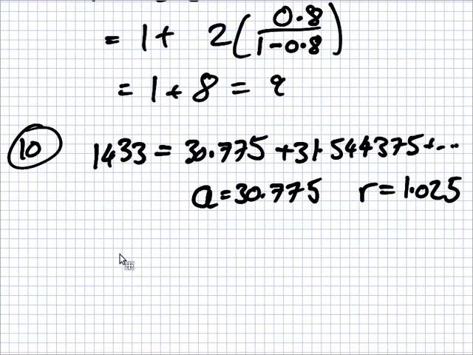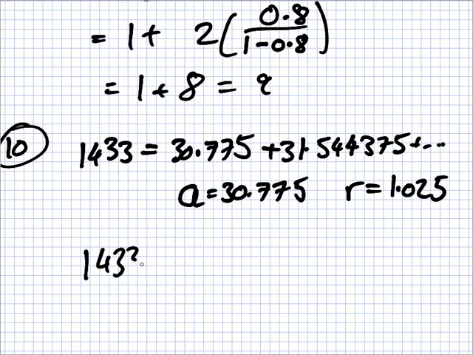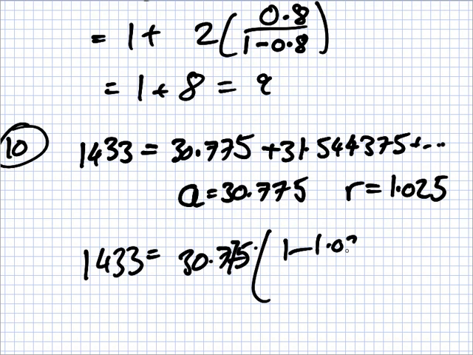So using our GP formula, what is it? A, 1 minus R to the n over 1 minus R.